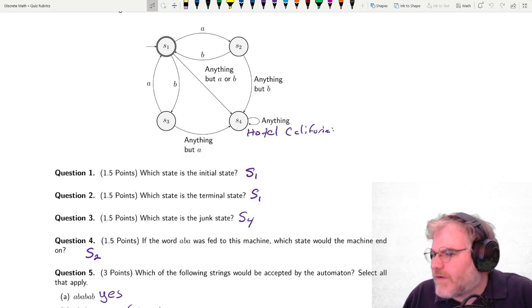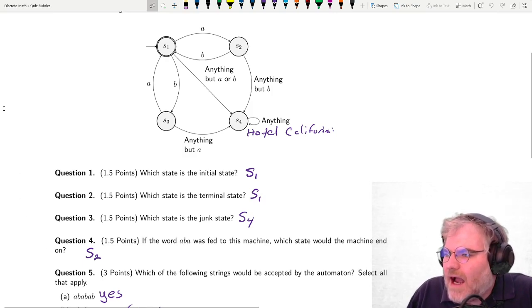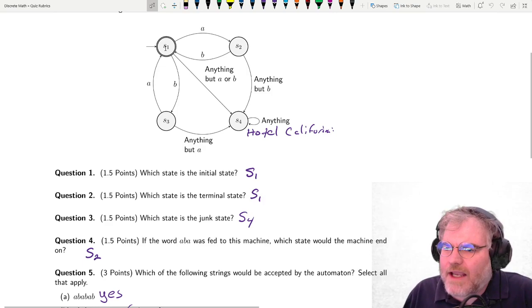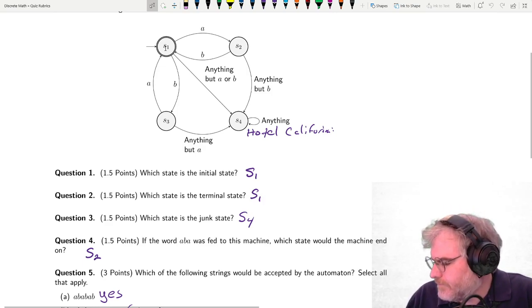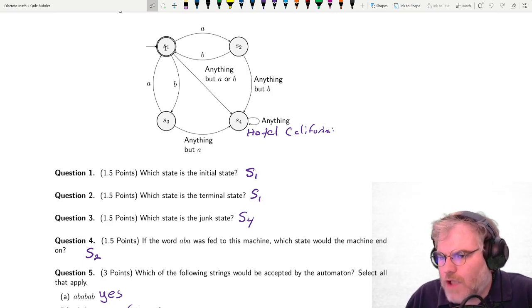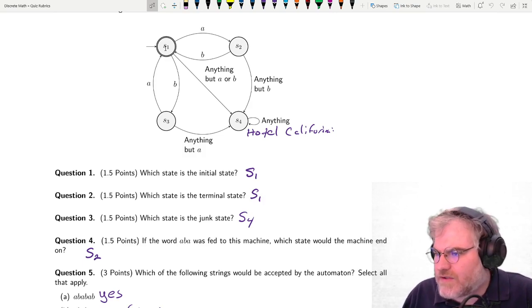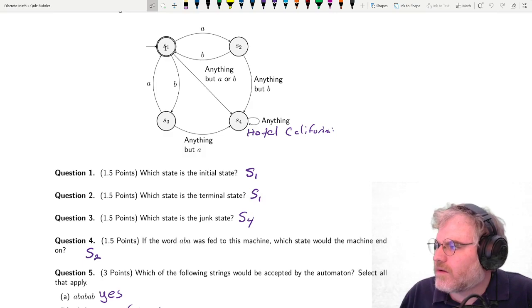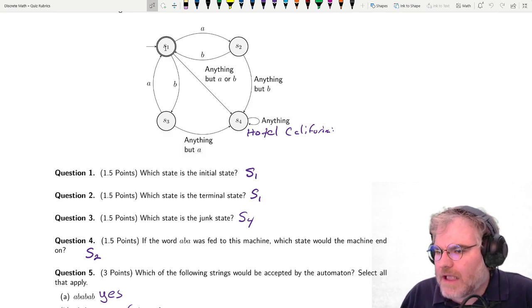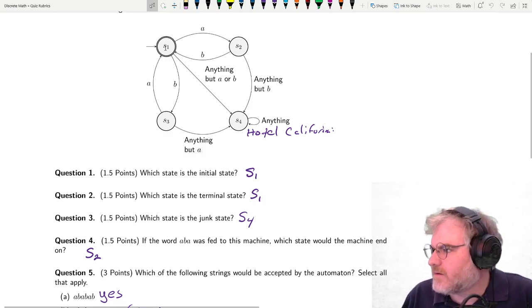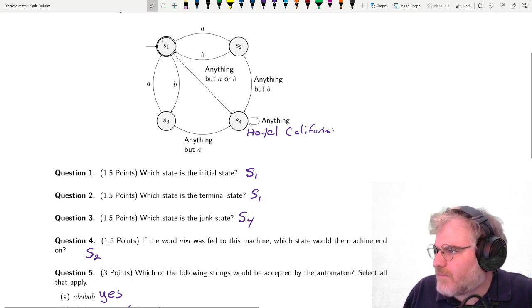All right, the empty string. This one's tricky. I start here, and then where do I go? Well, nowhere, right? I start at S1, that's the initial state, and then I go nowhere. I end at S1. That means I accept, right? That's an accepting or a terminal state.